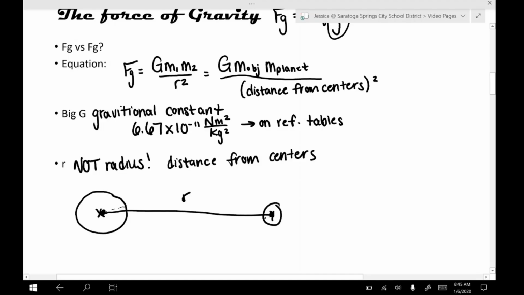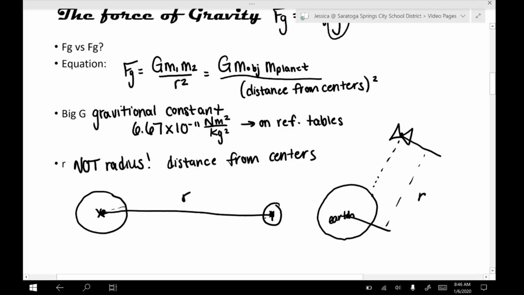Okay, so where that really comes into play is, let's say we have Earth and we have some satellite floating above Earth. Okay, so our distance from centers is something like this, r.